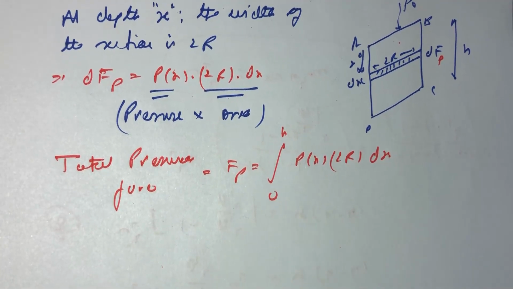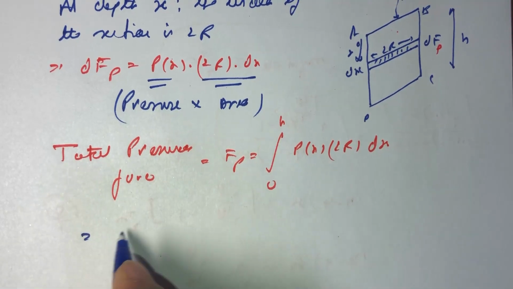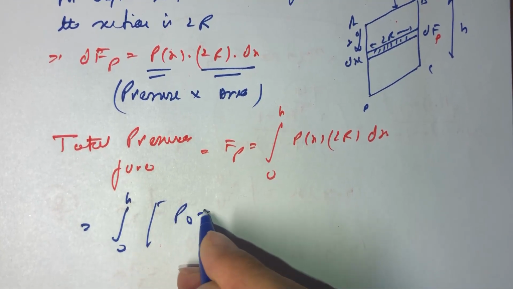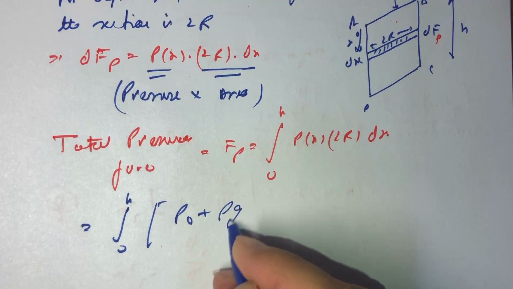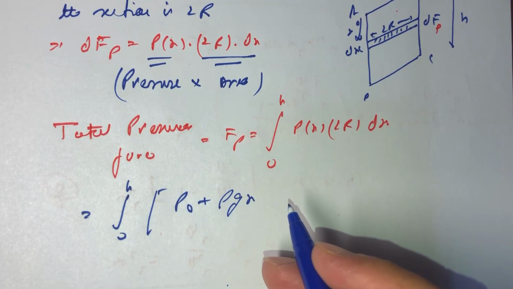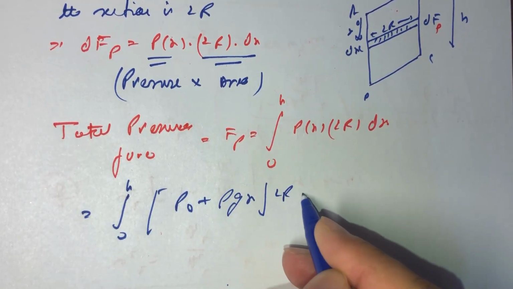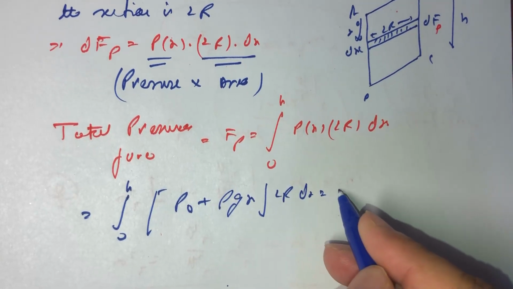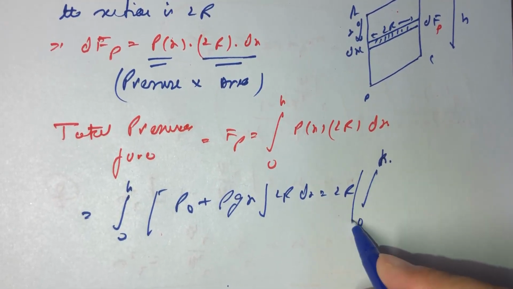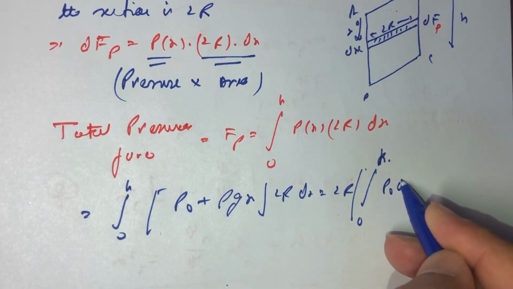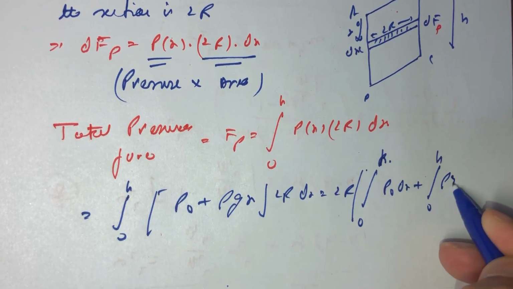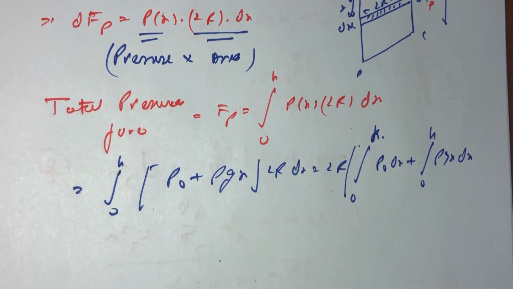Substituting the value of Px, we get 0 to h, P naught plus rho gx, 2r dx. Taking 2r as common, we have integration 0 to h of P naught dx plus integration 0 to h of rho gx dx.